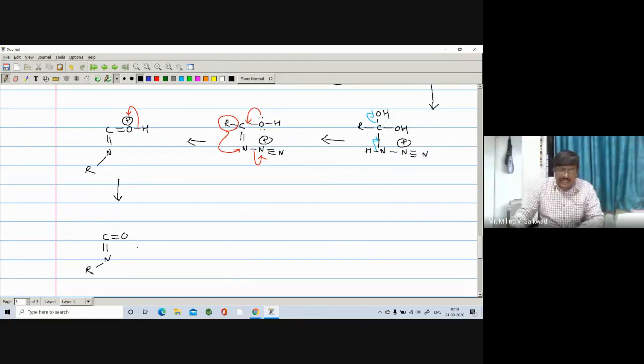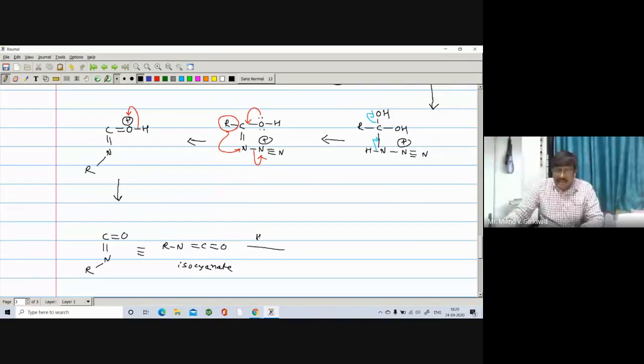I can write it like this: R, N, double bond, C, double bond O. It is called isocyanate, right? So just like in the previous reaction, that is the Hofmann reaction, there is also a formation of isocyanate.